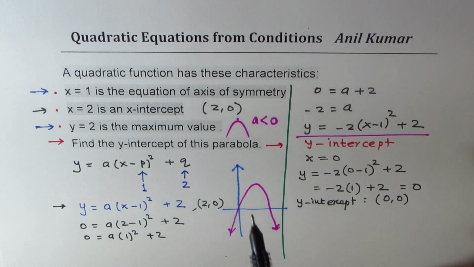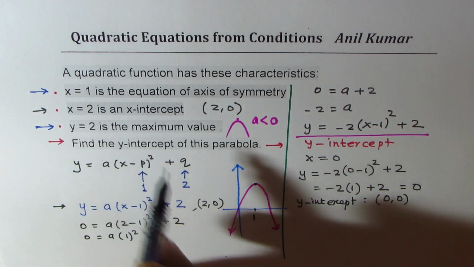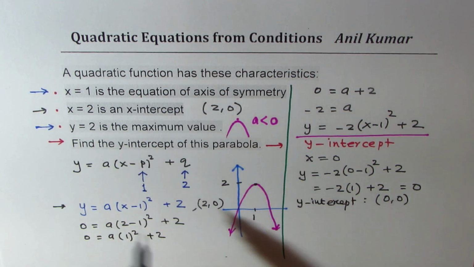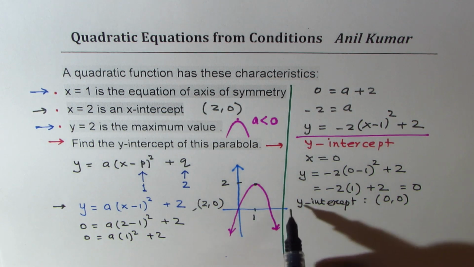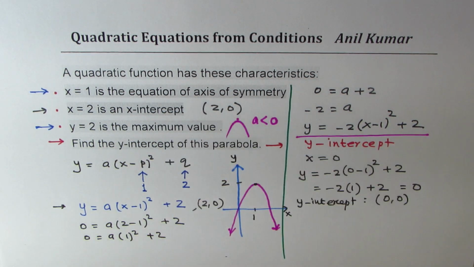And this point here is at x equals 1, y maximum value is 2, right? So that is the point. So all this information actually comes together with this particular condition given to us. So that could be a verification, correct? So that is how we could actually solve such a question.